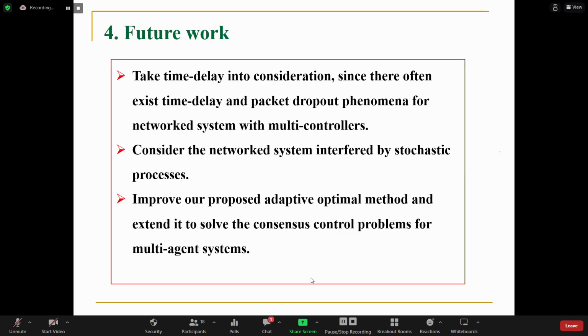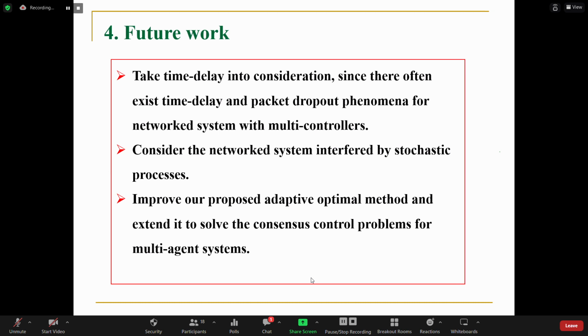Finally, I wanted to talk about my future work. In the future, I will take time delay into consideration, since there often exists a time delay and packet dropout phenomena for network systems with multi-controller.